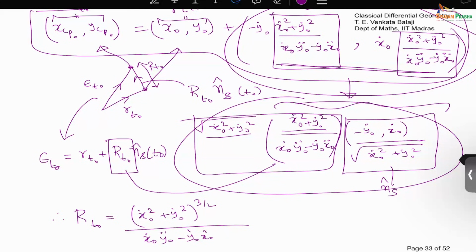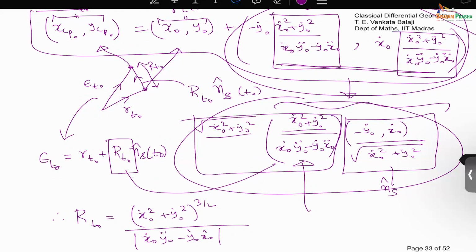The glitch is that the radius of curvature is positive. Therefore, I have to put a mod here. If I put a mod here, then there is a plus or minus that you will have to worry about.